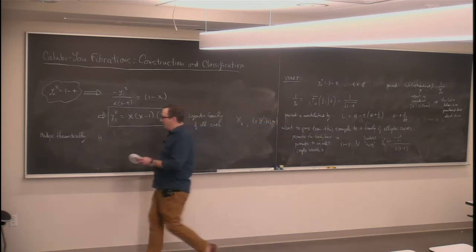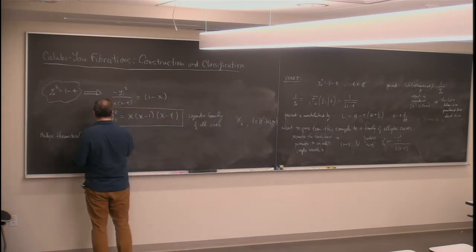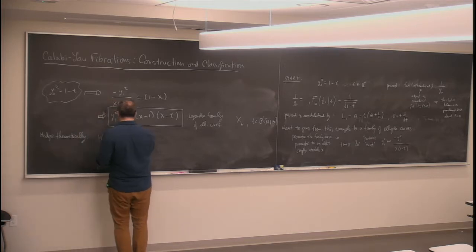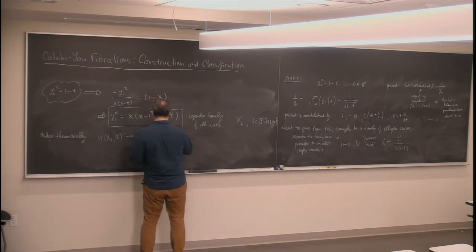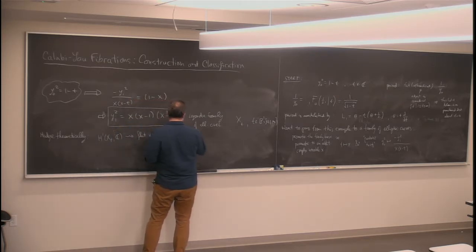Okay? So Hodge theoretically, H1 of X_t with C coefficients gives rise to a flat vector bundle, which is nothing more than R1 pi lower star C. Okay.